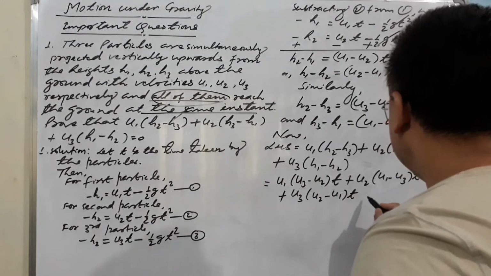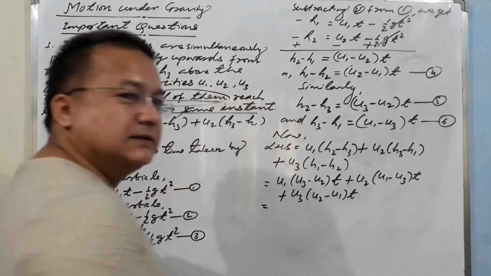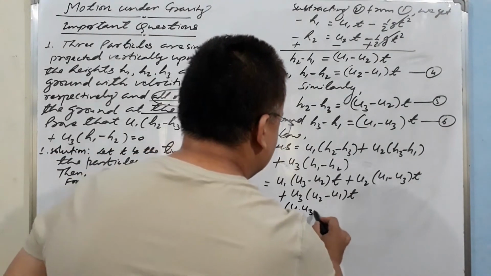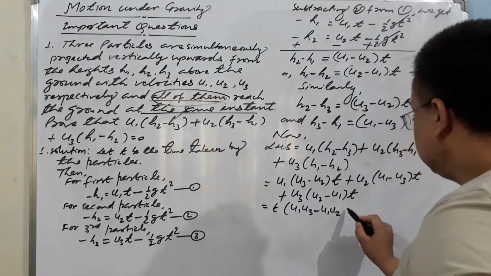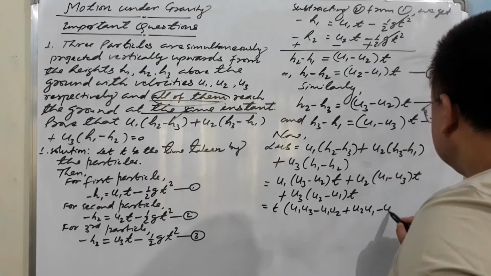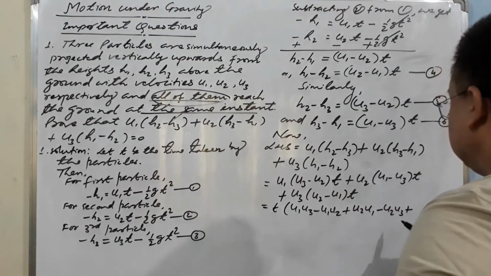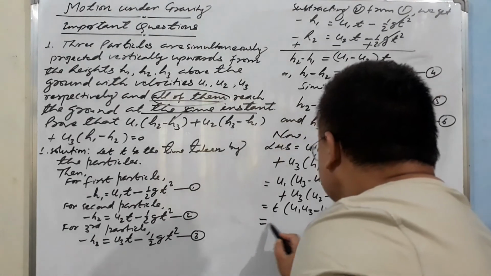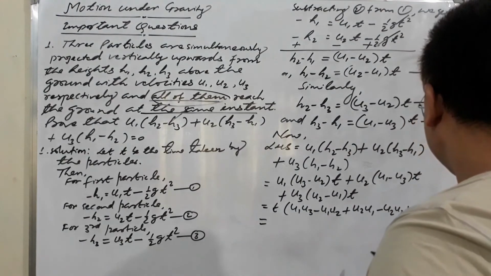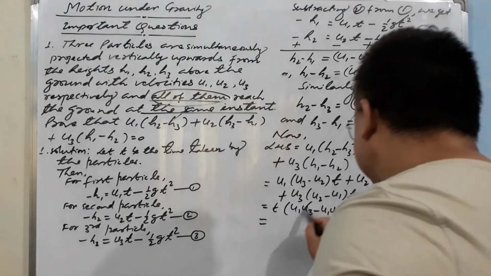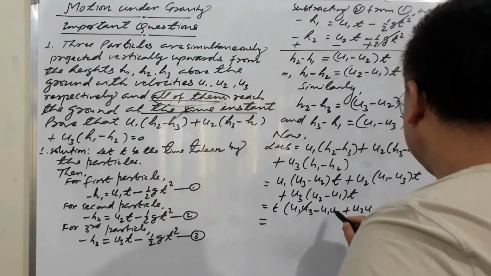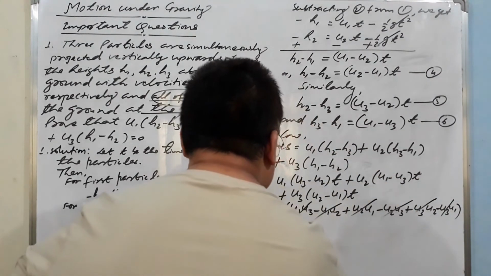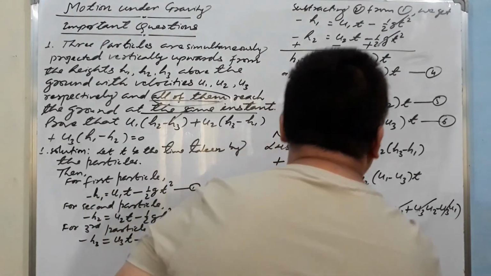Taking t common, inside the bracket: u1u3 minus u1u2 plus u2u1 minus u2u3 plus u3u2 minus u3u1. The terms cancel, so finally t times 0 is equal to 0, which is the right hand side.